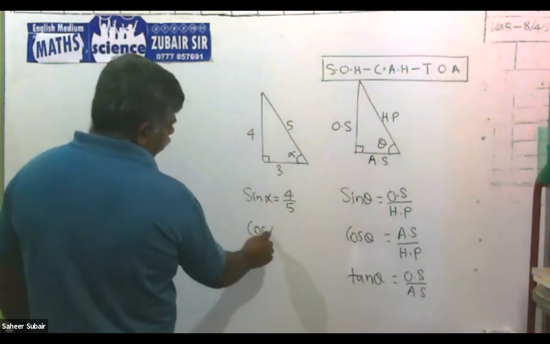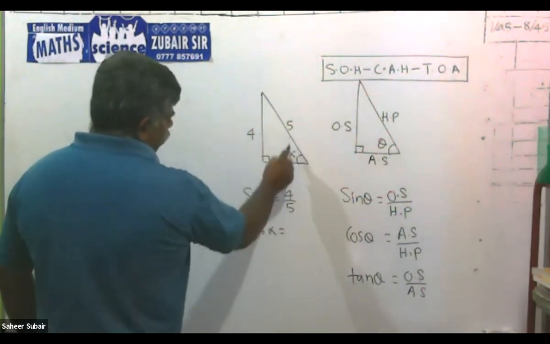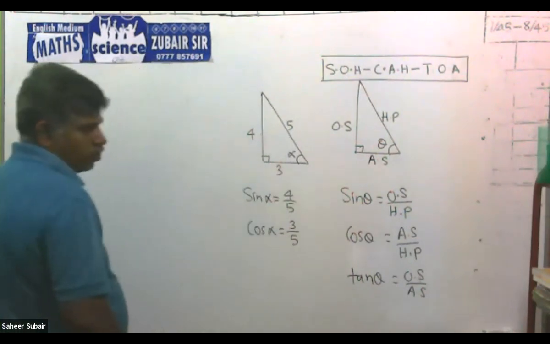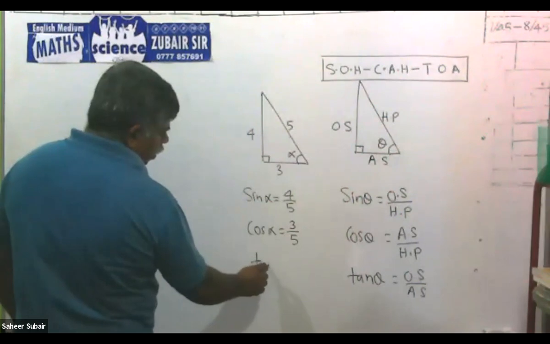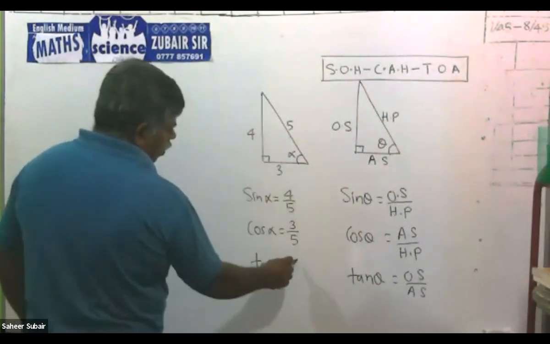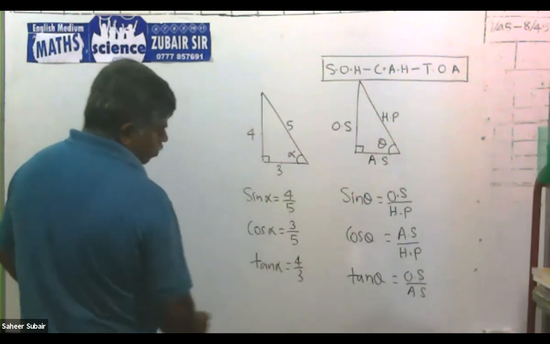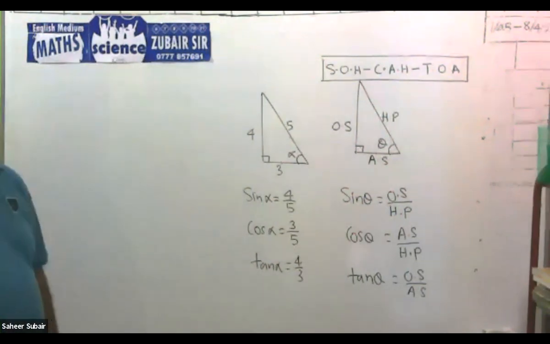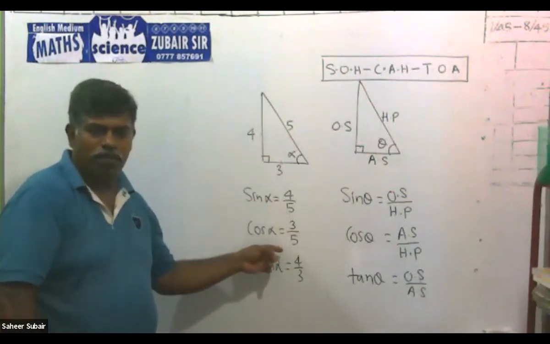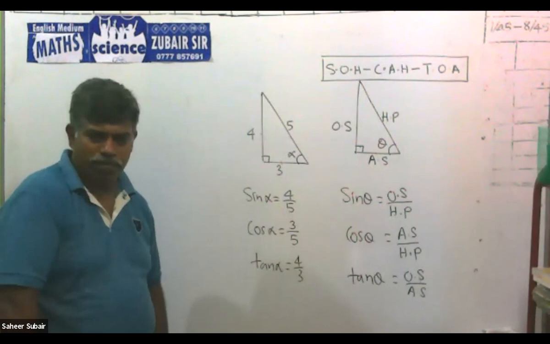Then cos alpha is adjacent over hypotenuse, 3 over 5. Tan alpha is opposite over adjacent, 4 over 3. So like this, the ratios can be written. If there's a possibility to simplify, you can simplify. Otherwise, just leave it.